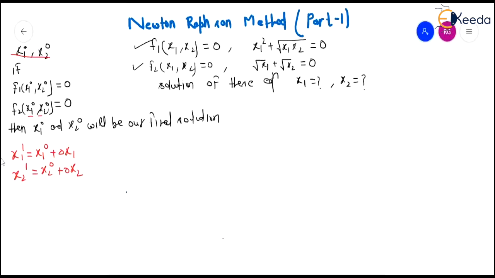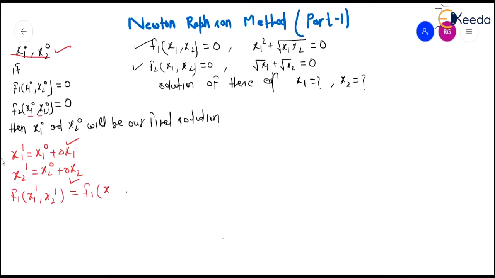So if x1 naught, x2 naught was not the solution, then if we are adding delta x1 and delta x2 correctly, then what will happen? Right now if we are finding f1 of x1 1 and x2 1, I am writing it in detail.